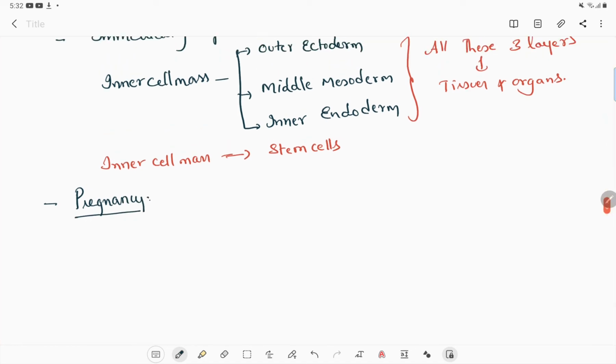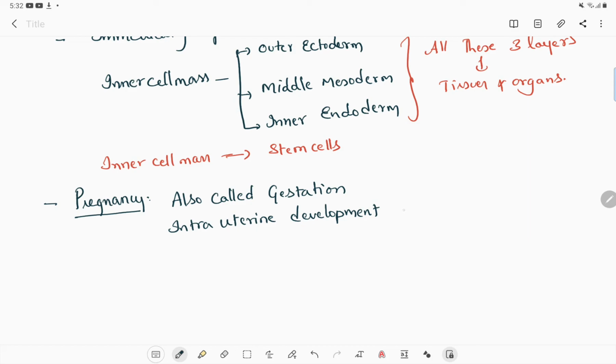So pregnancy means what? Pregnancy is also called gestation, or we also call this intrauterine development. So what is the period of pregnancy? The period of gestation on an average is 9 months.